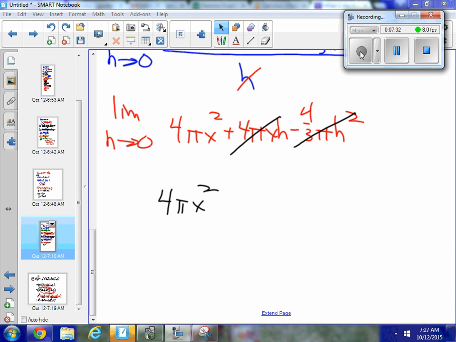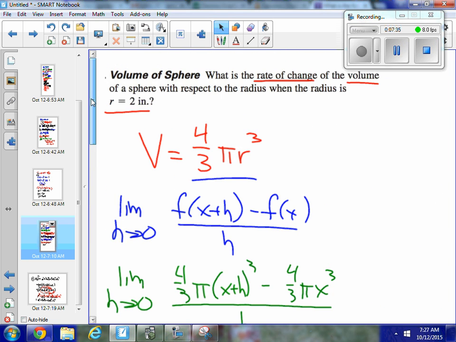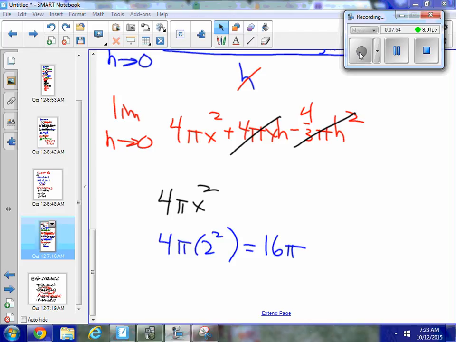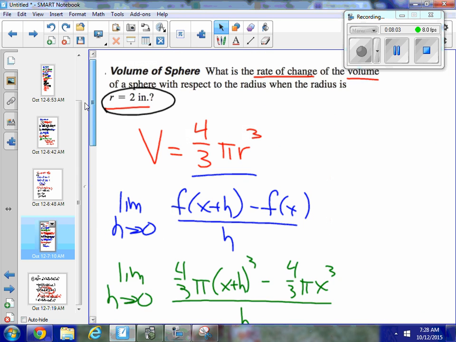Well, my original problem asked about when the radius, which I used as x, is equal to 2 inches. So I'm going to plug 2 inches in here, and I'm going to get 4 pi times 2 squared, which equals 16 pi. I like to leave my answers in exact form, but the other thing I need to think about here is what are the units I need to add to this.